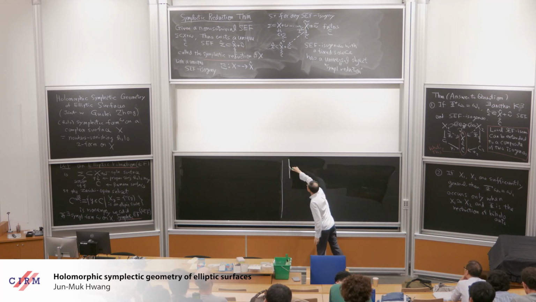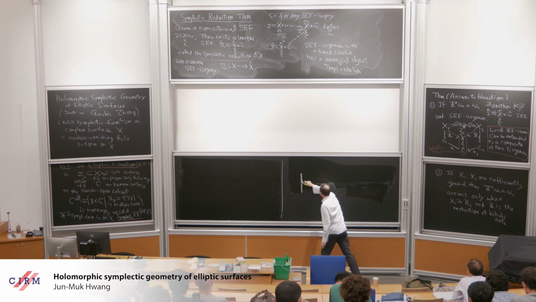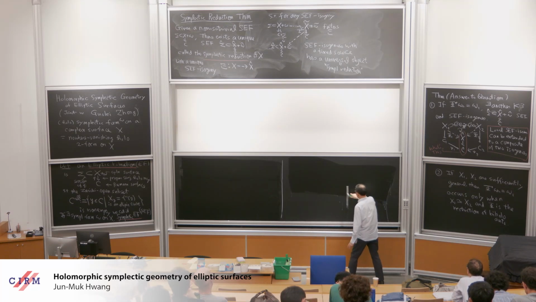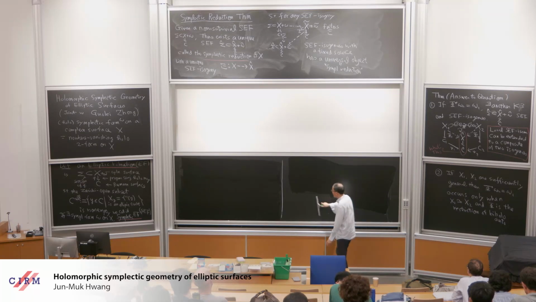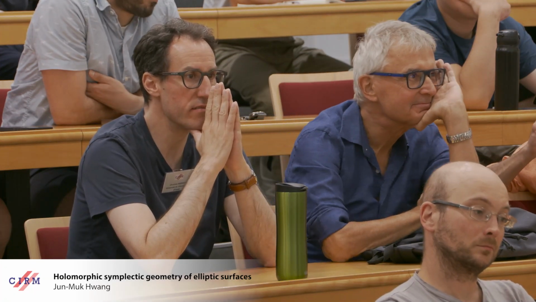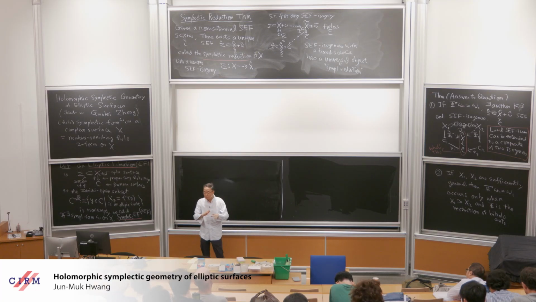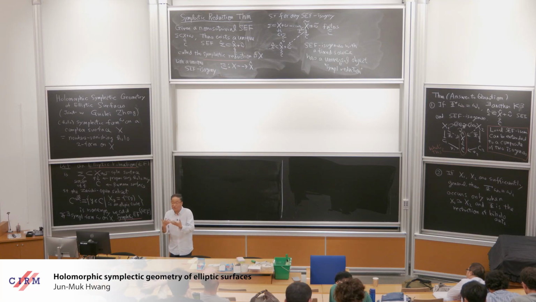So in that sense, you can give a more precise meaning to this, but I think our result is not optimal. There must be a more precise result. So at the moment, it's just sufficient. It's sufficiently general in the sense that it's a very general point in the moduli of elliptic K3.